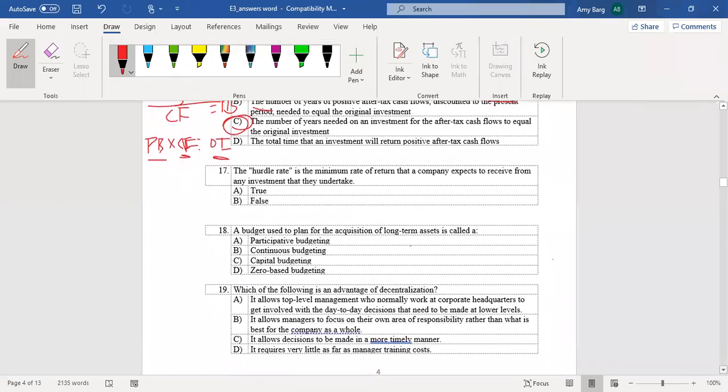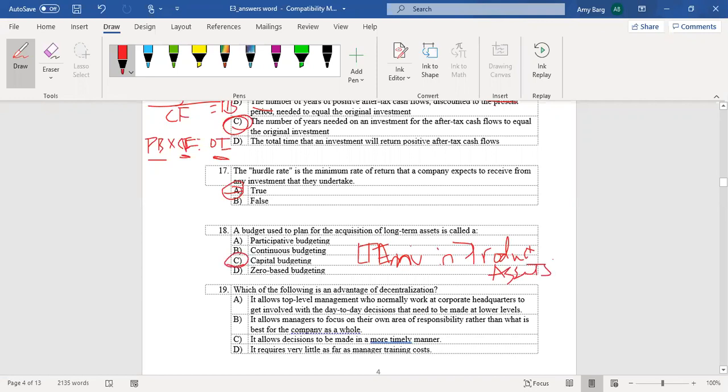The hurdle rate is the minimum rate of return that a company expects to receive from any investment that they undertake. That's true. It's just a definition. A budget used to plan for the acquisition of long-term assets is called, so if you're considering long-term assets or long-term investments, investments in productive assets, that is a capital budget.